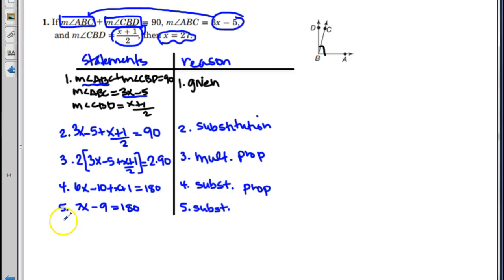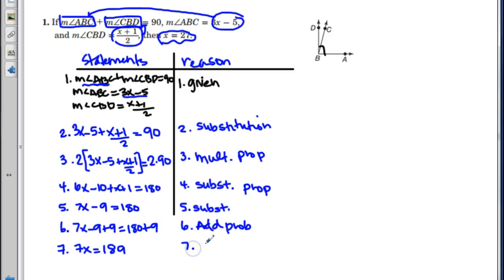All right, number 6. See if you can guess what we would be doing here. We would like to get x by itself, so we would like to add 9 to both sides. If you would like to write that step out, you may do so. It looks like this, and that's the addition property. And then we would follow that by the substitution property, 7x equals 189.